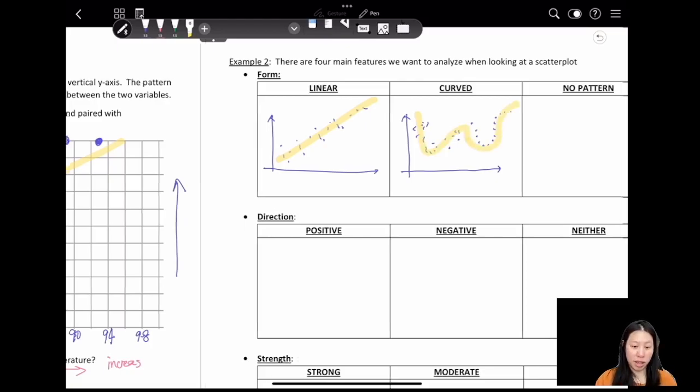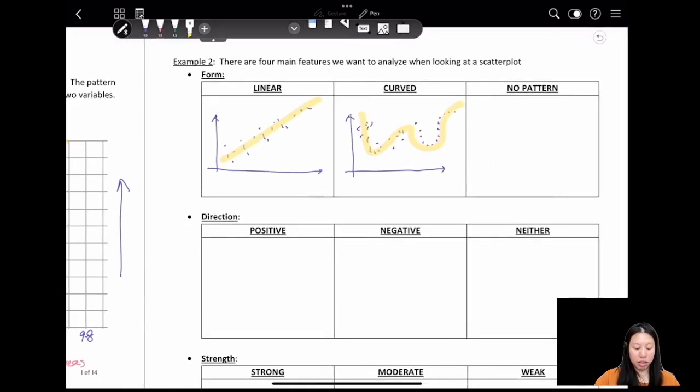They may follow some patterns. And then no pattern. If there's no pattern, they will be scattered or grouped, like everywhere. So this is no pattern, where you can't find the trends.